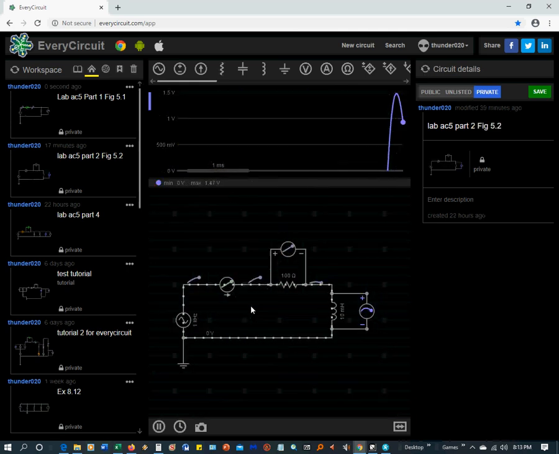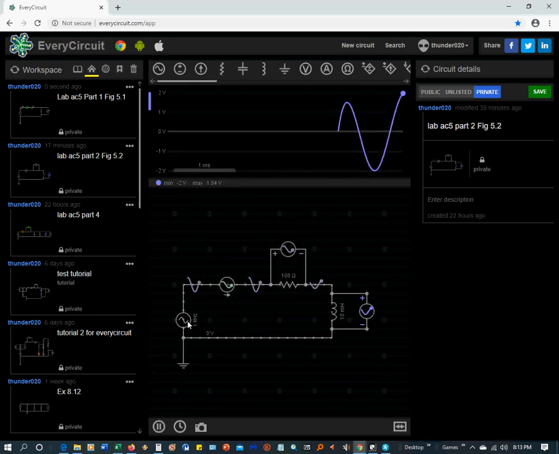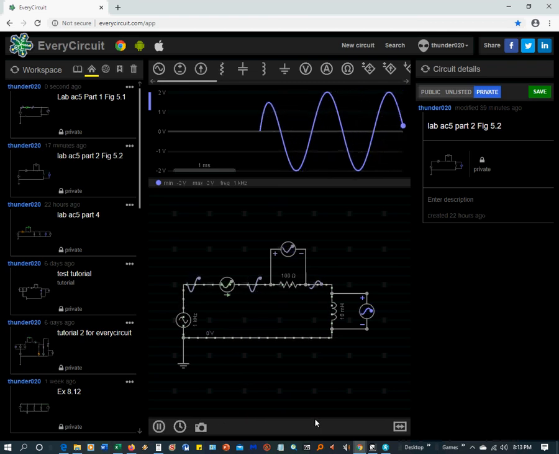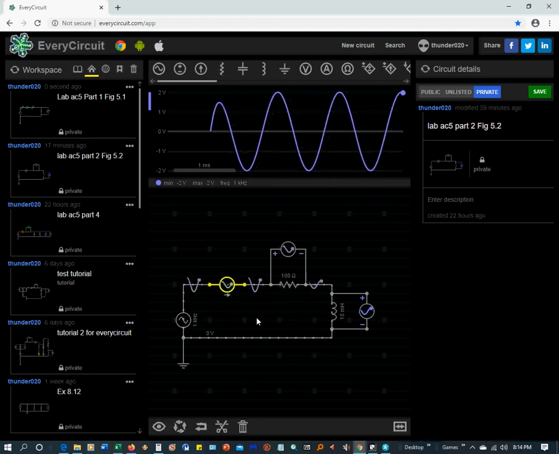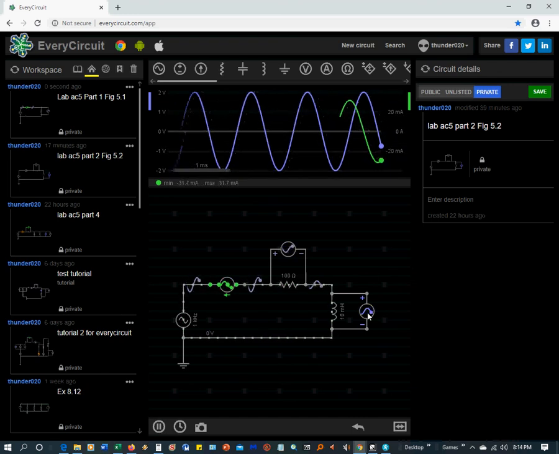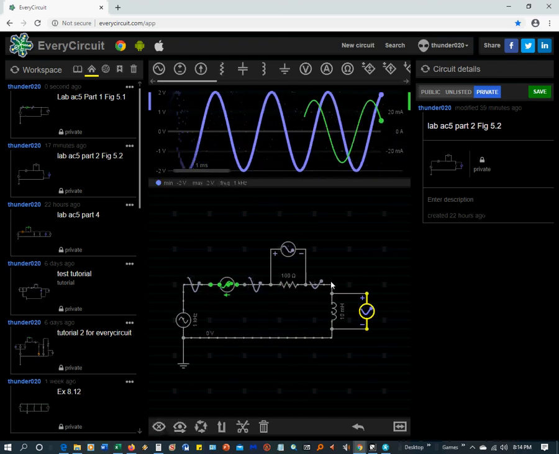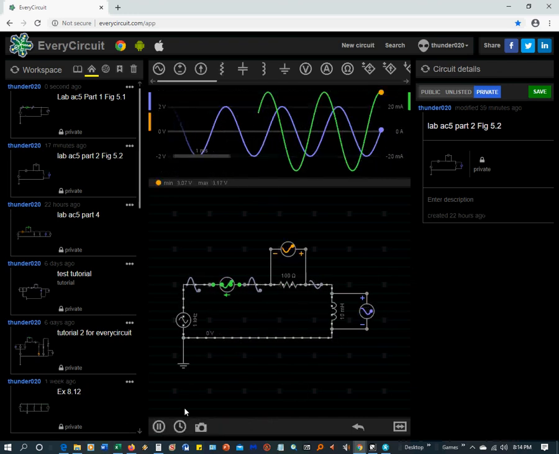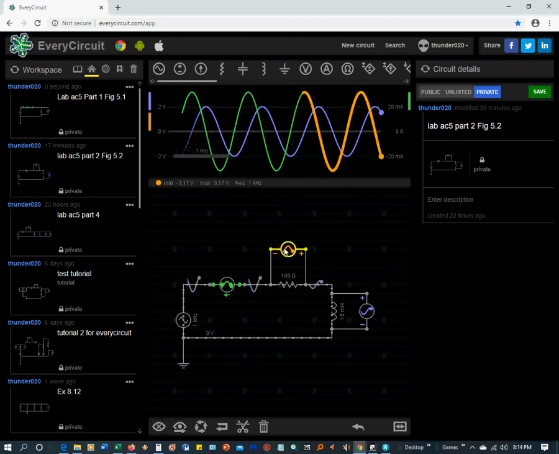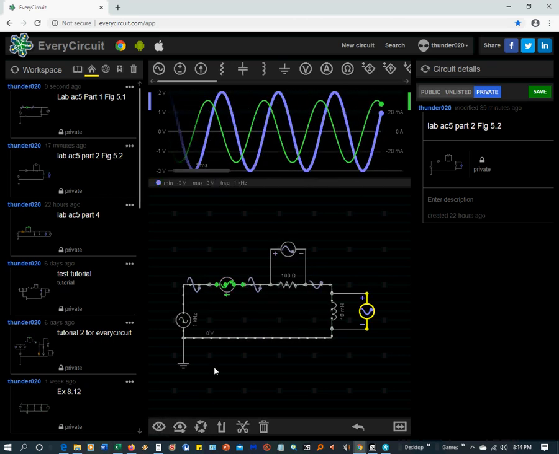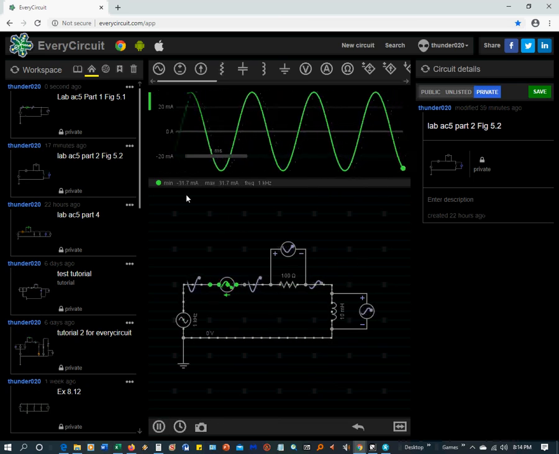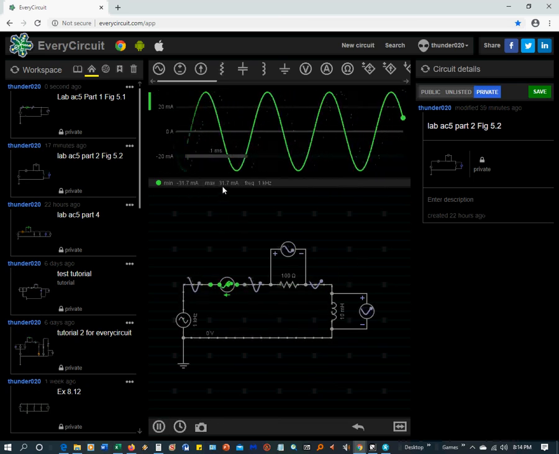So if we go back to part 2, for a 1 kilohertz frequency, we look at the current here, and I'm going to turn this off. I think I was looking at this. I'm turning on too many things. Here we go. So right now, this is 31 milliamp plus or minus.